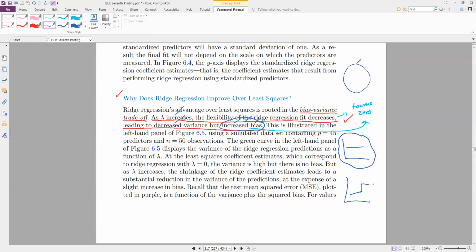Imagine that you're playing darts and you're trying to aim for the target. Well, imagine if I told you, just allow a little bit of deviation away from that target, and that's going to help other matters. That's going to decrease the variance. If you can tolerate a little bit of an increase in bias, that'll decrease the variance.